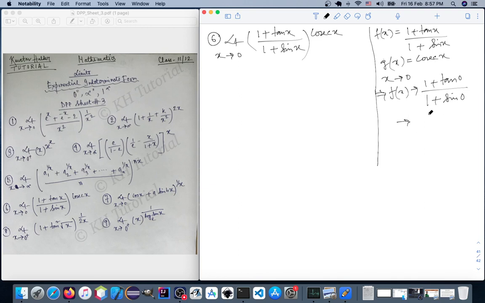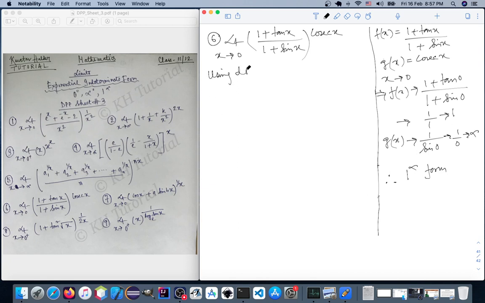This is tending to 1 by 1, tending to 1. So fx is tending to 1, and gx is tending to 1 by sin 0, tending to 1 by 0, tending to infinity. Therefore, the form is 1 to the power infinity form.